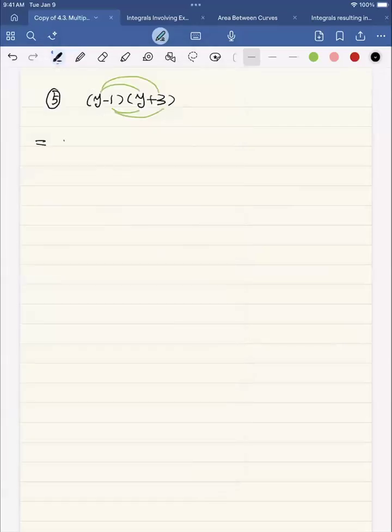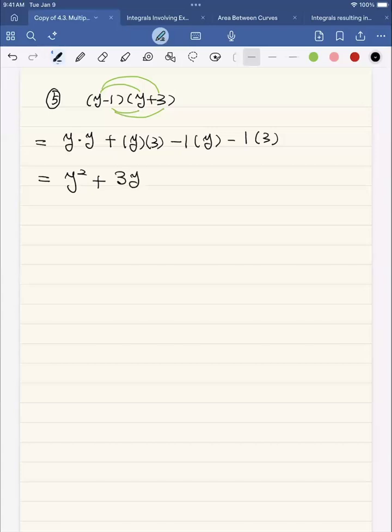It'll become y times y plus y times 3 minus 1 times y minus 1 times 3. So that'll be y squared plus 3y minus 1y minus 3.